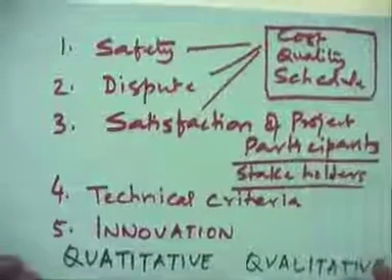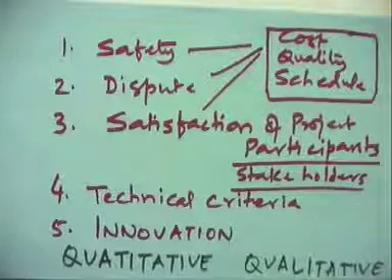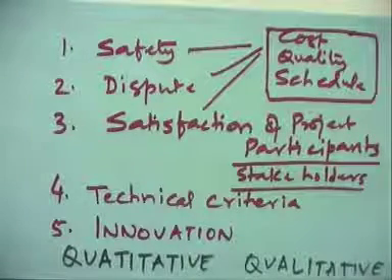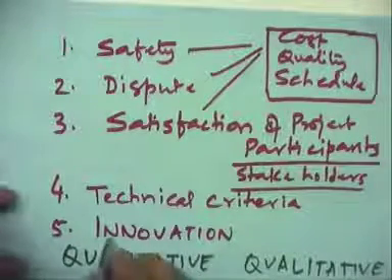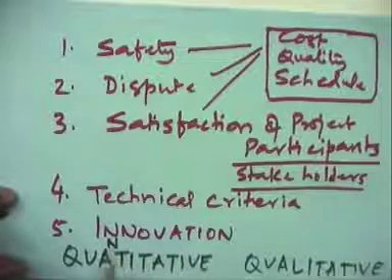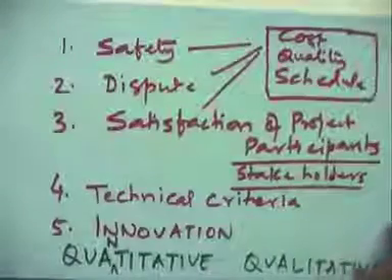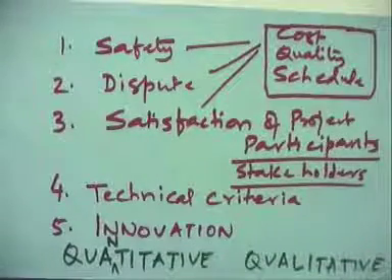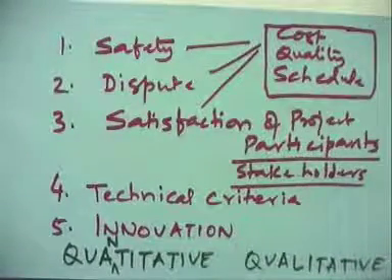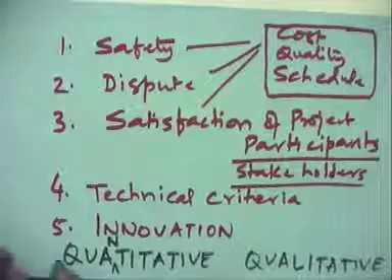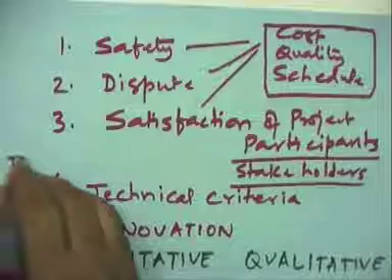So the project performance criteria, you can distinguish under two heads: quantitative, so the N is missing, so you have quantitative here, and qualitative criteria. Now quantitative criteria is also sometimes referred to as tangible criteria. So quantitative is nothing but tangible criteria.